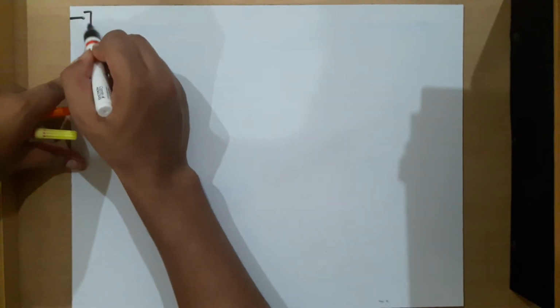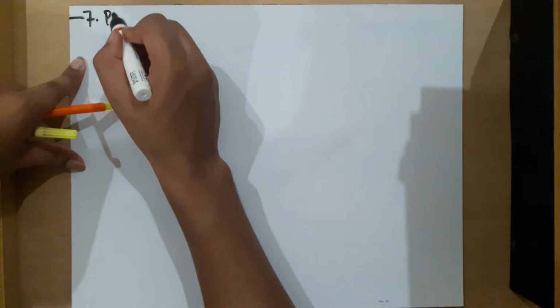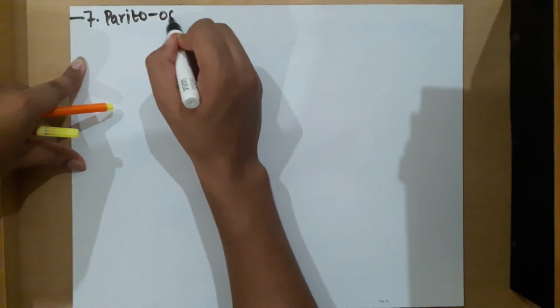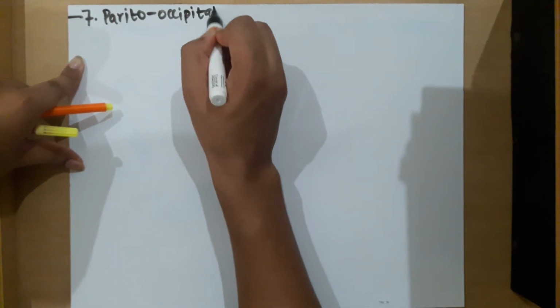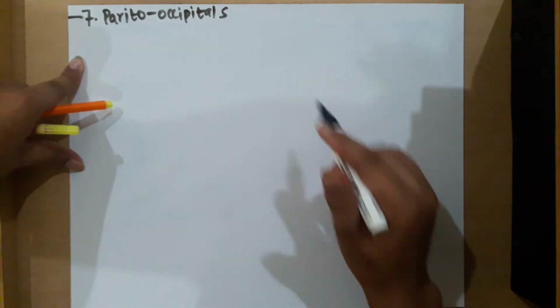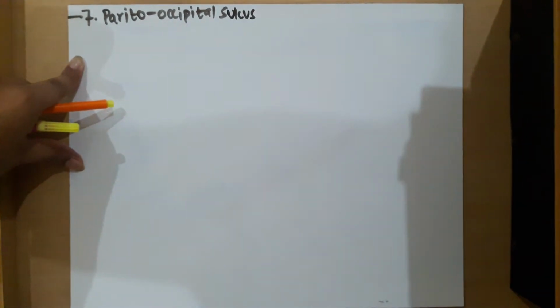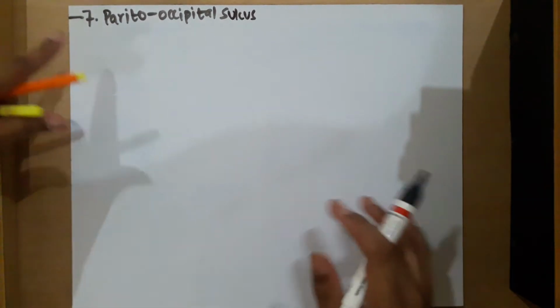The seventh one was the parieto-occipital sulcus. I hope it's clear to you. Parieto-occipital sulcus. Okay.